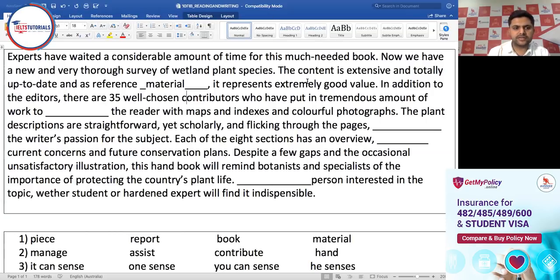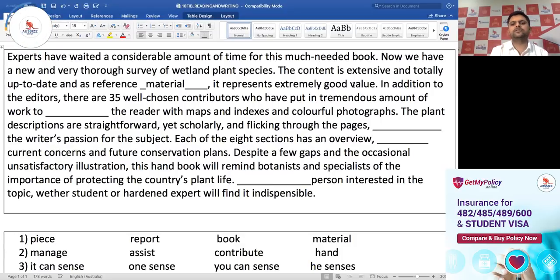In addition to the editors, there are 35 well-chosen contributors who have put in tremendous amount of work to dash the reader with maps and indexes and colorful photographs. So there are editors who have put work, but apart from the editors, there are 35 well-chosen contributors. And what have these contributors done?